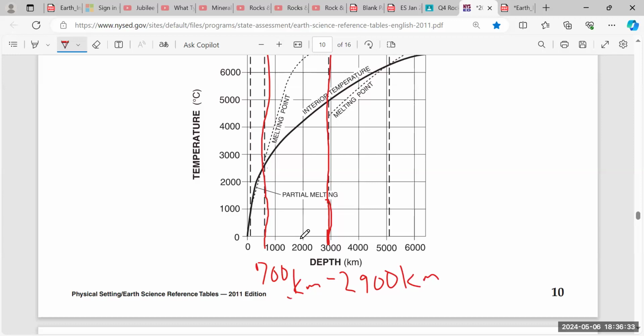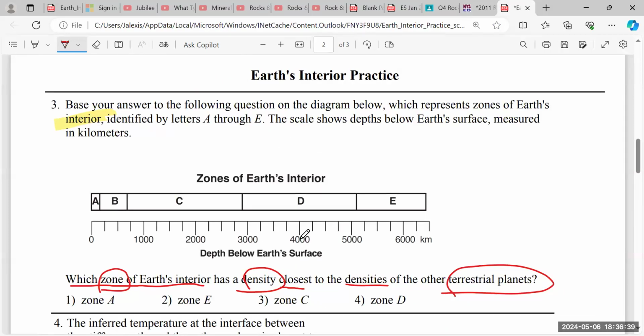And this number is going to help me to determine where the zone is. All right. So now when I'm looking, the zone letter that has around 700 kilometers to close to 3,000 definitely looks like zone C. And so therefore, my correct answer is zone C.